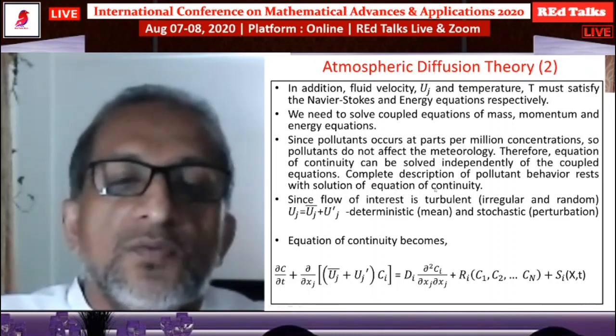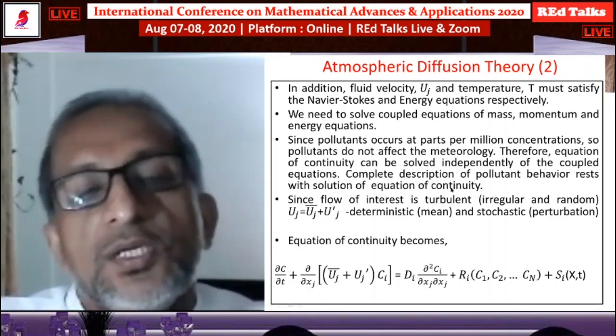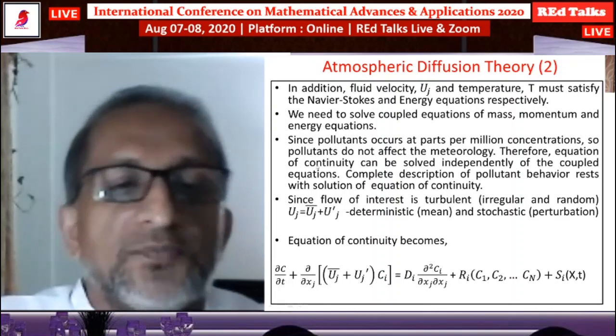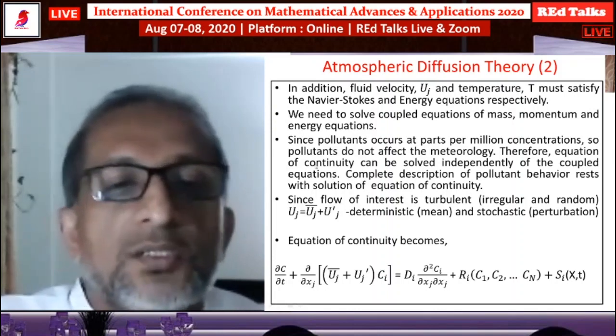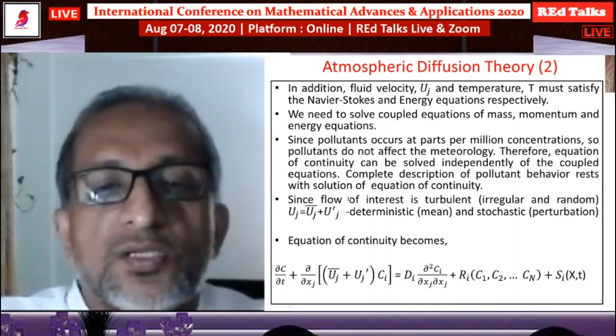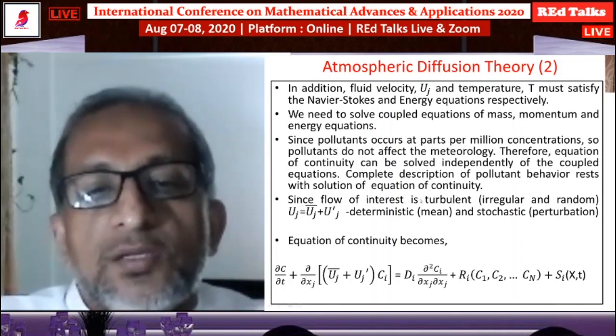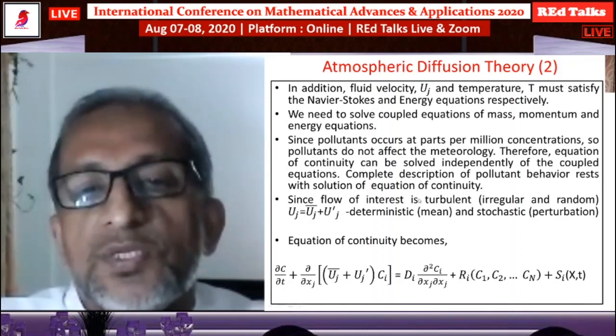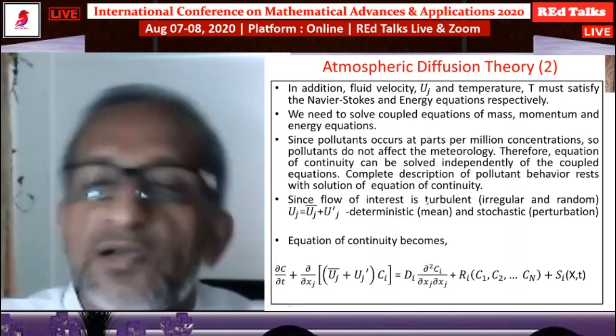That is the atmospheric diffusion equation. But the flow of interest, that is our atmosphere, is not laminar, but turbulent. That means it is irregular and random.